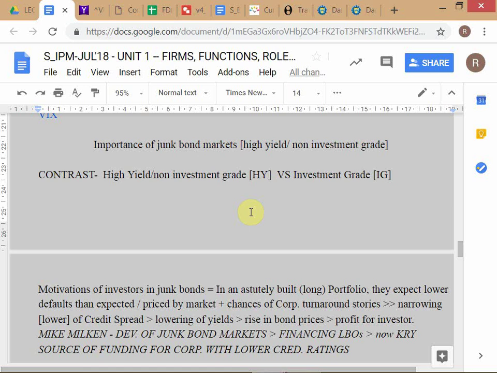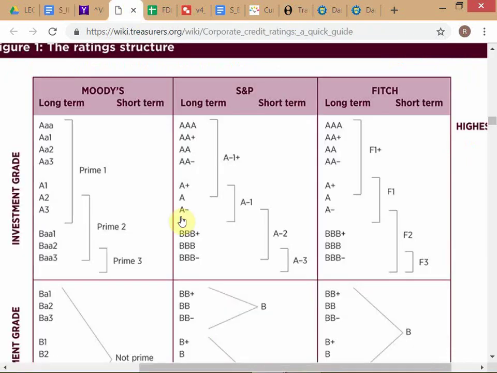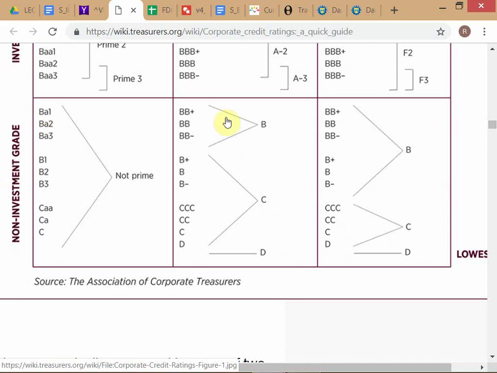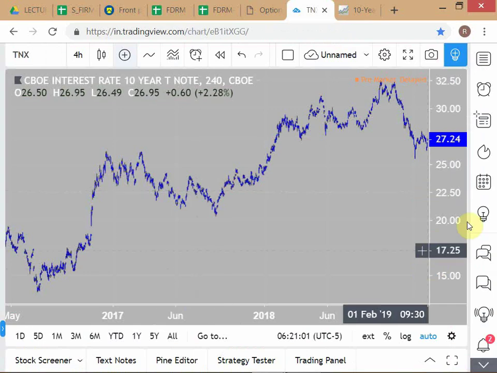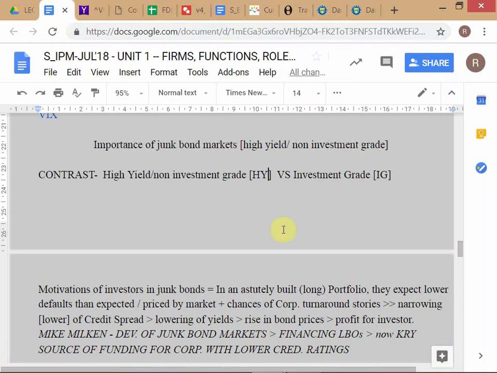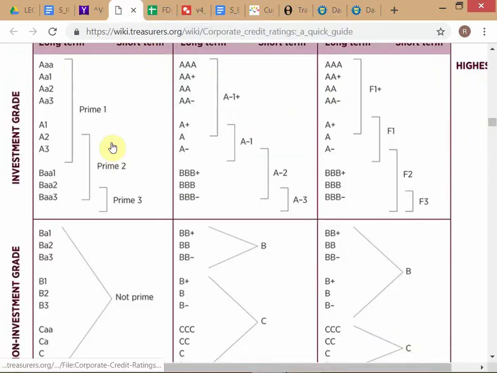That means below this, the non-investment grade category. This is junk. The other ticker you might notice is IG. IG stands for investment grade, which is the other side, the upper half of this. These are all the investment grade ratings.